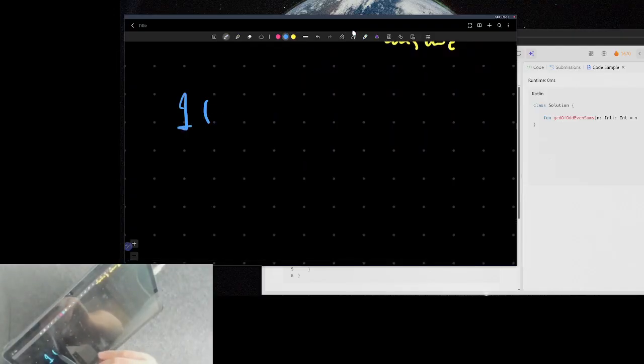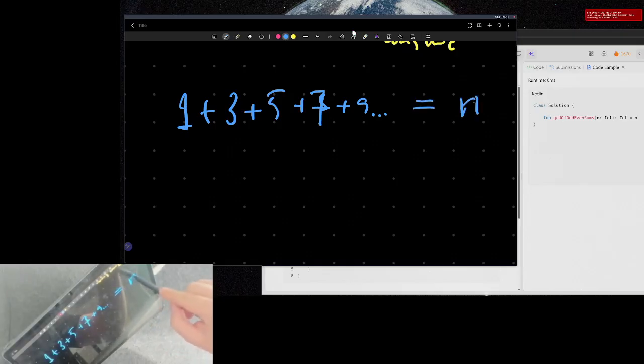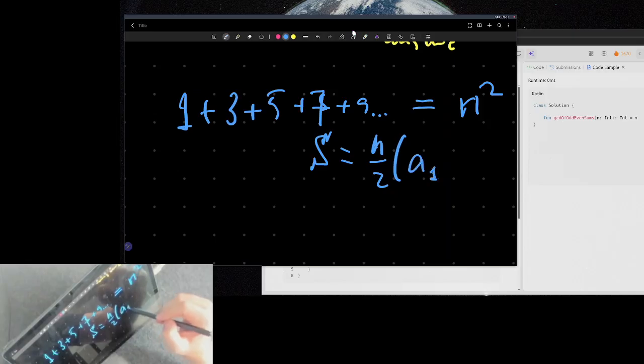If we sum these odd numbers 1, 3, 5, 7, 9, and so on, this sum equals n squared. This can be proved with the formula for the sum of an arithmetic sequence. It is n divided by 2, times the first a1 plus the last an.